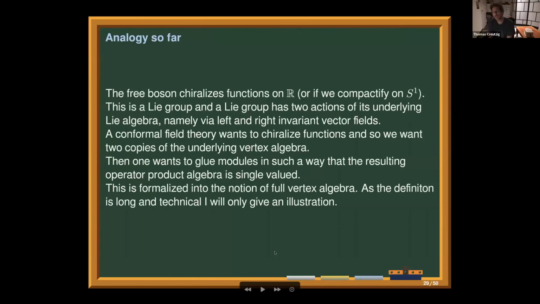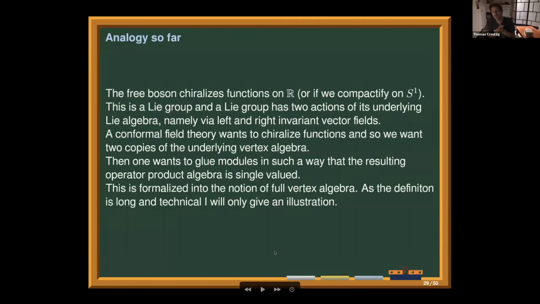But what the conformal field theory wants to do is parallelize the functions on the suitable space, and it wants to parallelize the left invariant vector fields and the right invariant vector fields. So it wants to keep two Lie algebra actions, and that means we want a chiral algebra and an anti-chiral algebra acting as a symmetry algebra on the space of states of the conformal field theory.